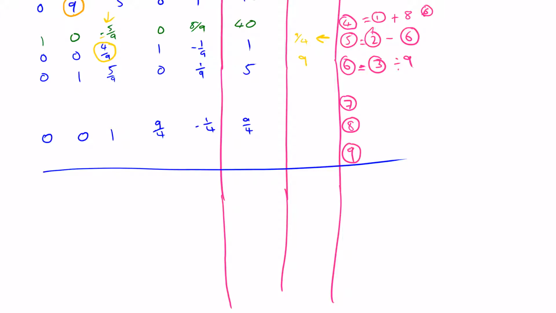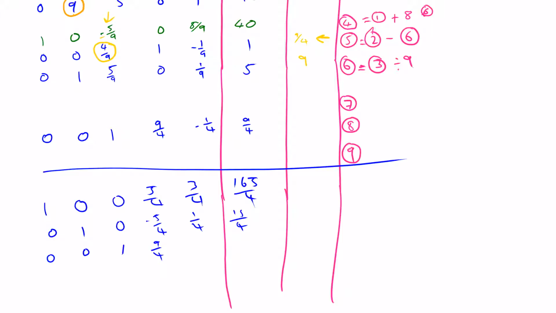The final tableau will be 1, 0, 0, 5 over 4, 3 over 4, 165 over 4, then 0, 1, 0, negative 5 over 4, 1 over 4, 15 over 4, finally 0, 0, 1, 9 over 4, negative a quarter, 9 over 4.